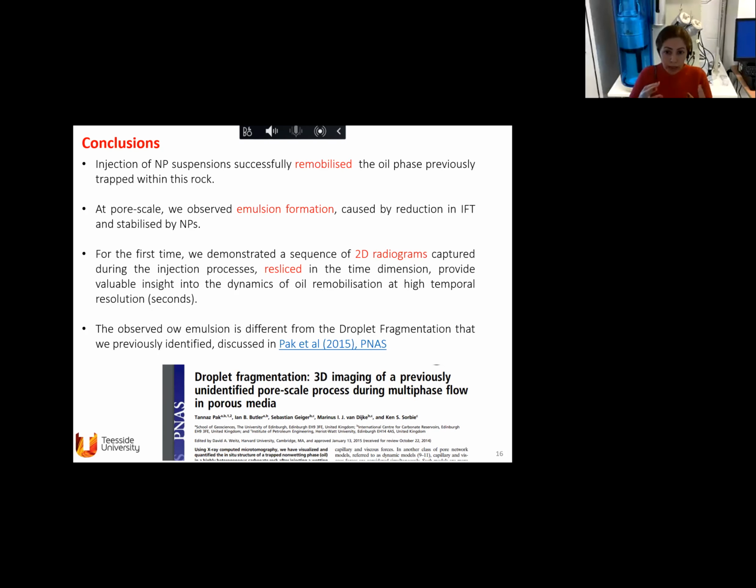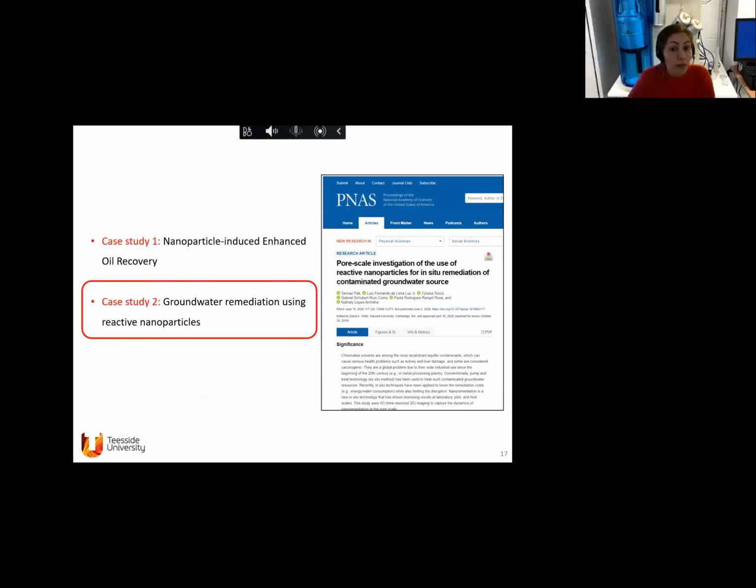And what we showed in that study was that droplet fragmentation happens as a result of moving from capillary dominated to viscous dominated, and especially because we had this multi-scale carbonate rock. I just wanted to make this clear, but if you're interested, you could read that paper as well.